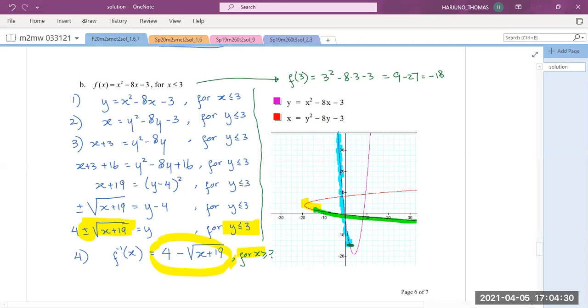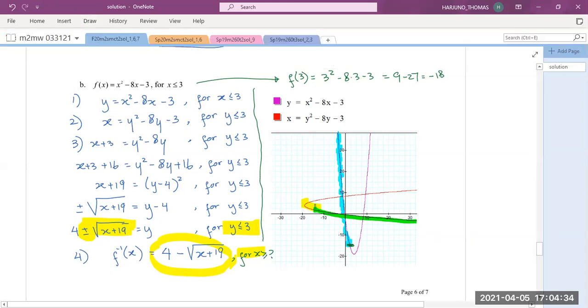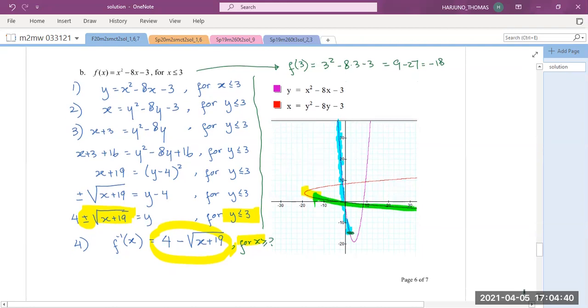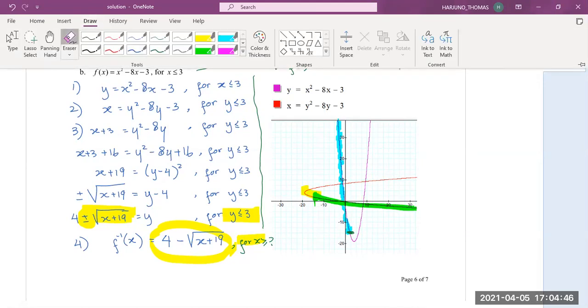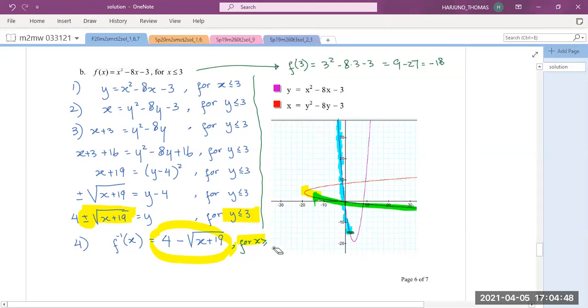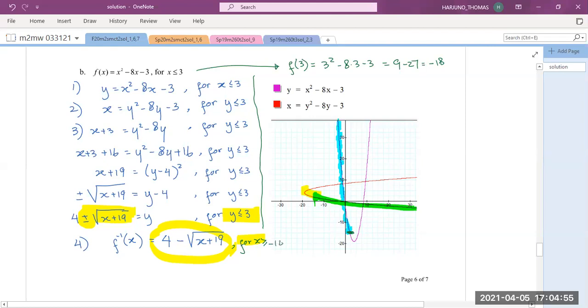That should be the domain of the inverse. So starting from negative 18 and on. If I don't do the restriction in my inverse function, then the natural domain will be from negative 19. But we know it's supposed to start from negative 18, not from negative 19.